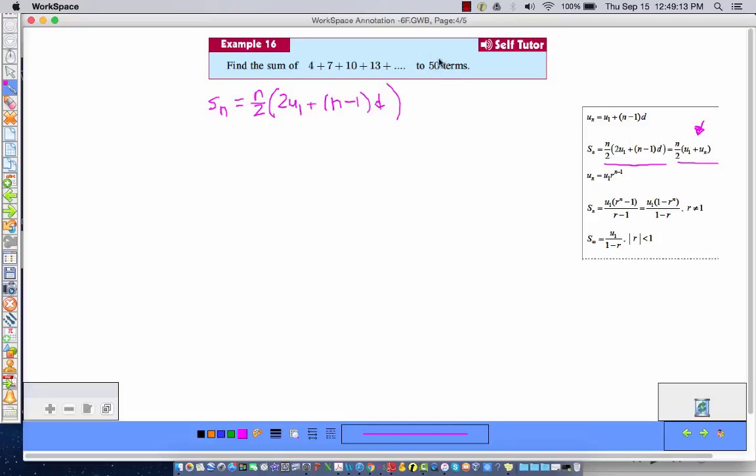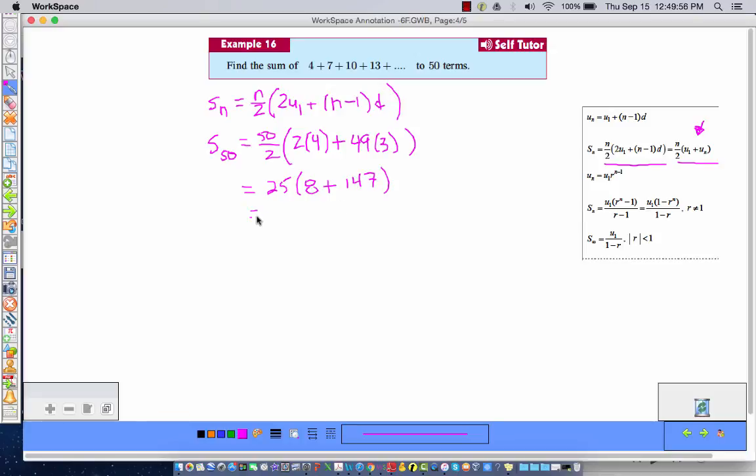Here we're finding the sum of the first 50 terms, so n is 50. S of 50 is equal to 50 over 2 multiplied by 2 times the first term, which is 4, plus 50 minus 1, which is 49, multiplied by the common difference, 7 minus 4, which is 3. So easy peasy, this becomes 25 times 8 plus 3 times 49. 3 times 50 is 150, so that's going to be 147.